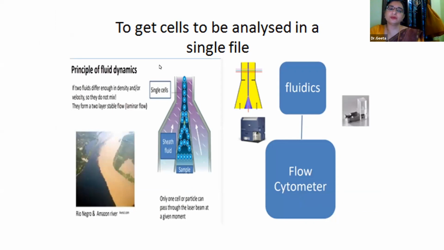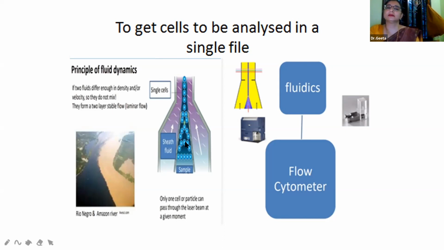As in, we have to introduce our samples into a system where there is a fluid which is moving at a very high pressure, so that these sample cells will automatically get aligned in a single stream, as you can see here.